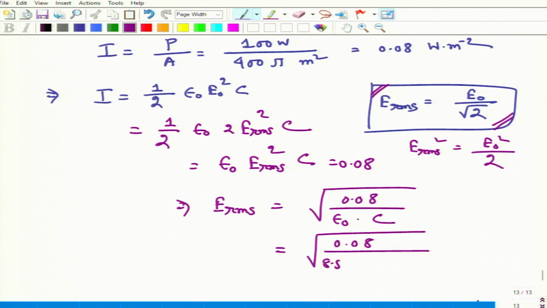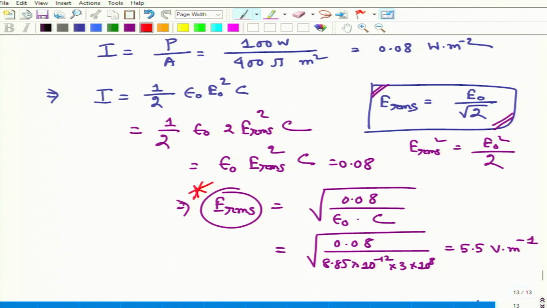What is epsilon naught? Epsilon naught is 8.85 into 10 to the power minus 12, and C is 3 into 10 to the power 8. So if we do it, it will be 5.5 volt per meter. Okay, so this is the value of our E RMS. This is a very important question, very important, based on this formula.